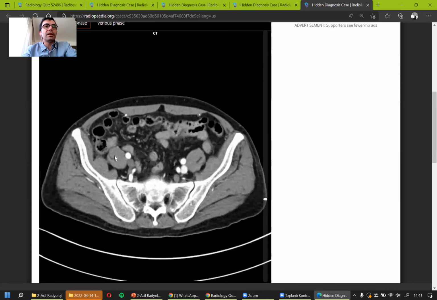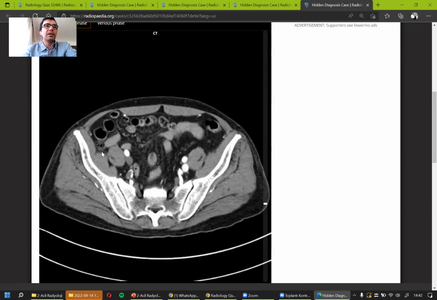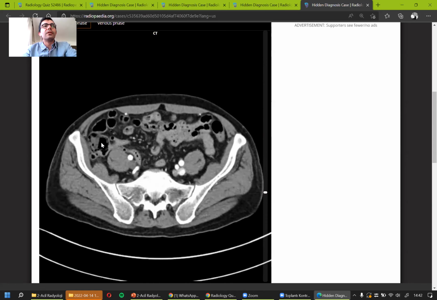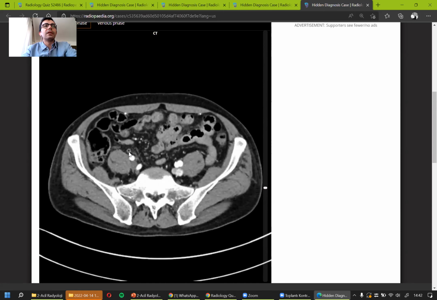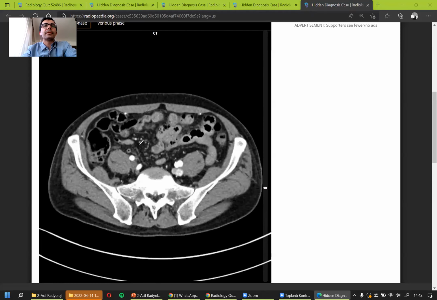To see the appendix, I try to find the cecum first, because the appendix goes up from there. So the start of the appendix is here, and it's a very small structure. Let me draw it. It's this one.